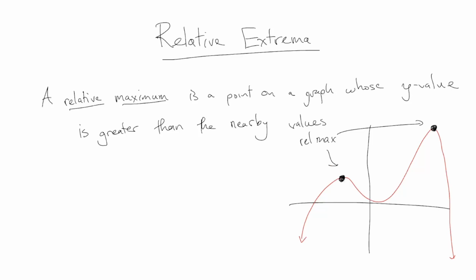And you can also talk about a relative minimum point, and you can probably see which one it is on the graph. That would be a point which has y value lower than all the nearby points. So I'll just write that down.